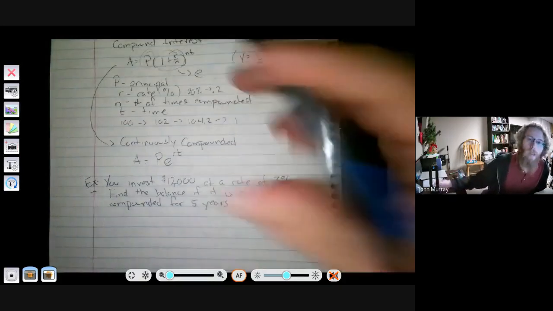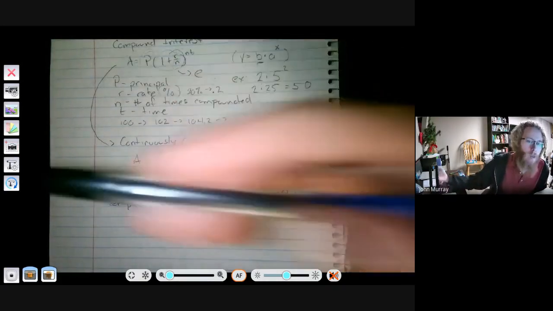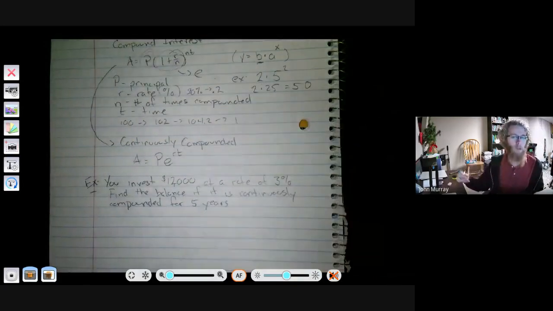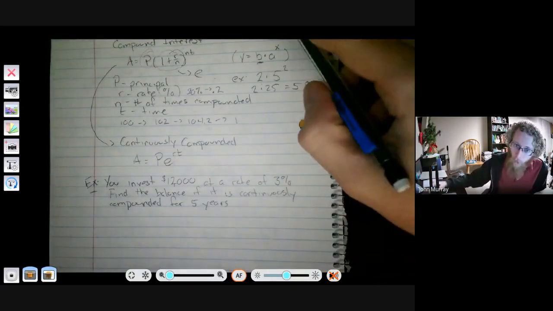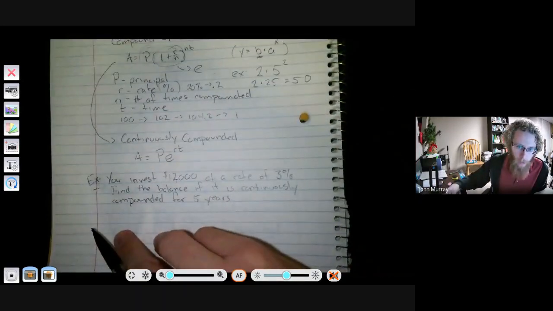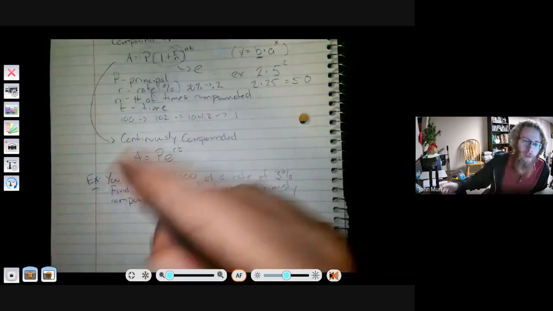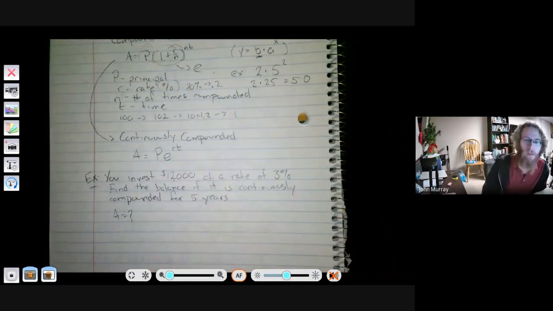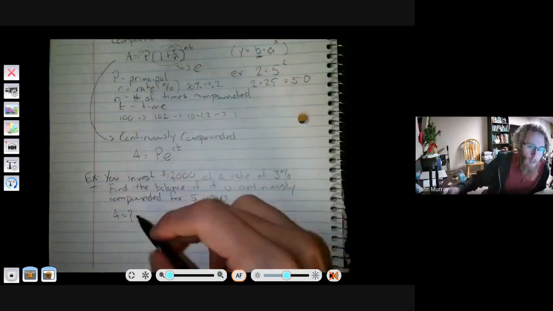All right, so I didn't mention this before, but A is how much money you have in the account or how much money you owe total, right, after everything. So with problems like these, I like to write down everything that I know, and then what we're trying to figure out. So we're trying to figure out our final bank account amount, A for amount.